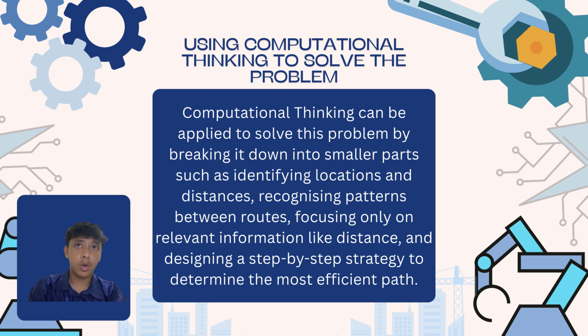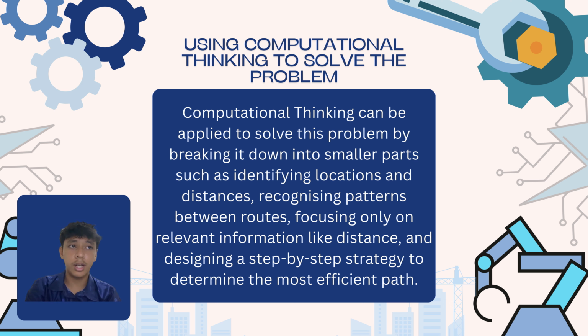To solve this complex problem, we apply computational thinking, which is a structured and systematic approach to problem solving. Computational thinking consists of four main components, namely decomposition, pattern recognition, abstraction, and algorithm design. Each of these components plays an important role in simplifying complex problems. Decomposition helps us break the problem into smaller and more manageable parts.